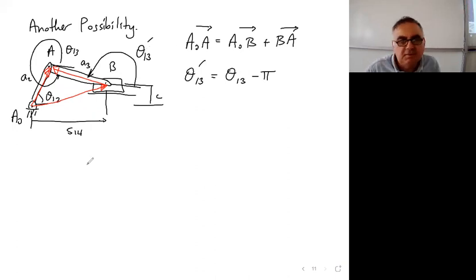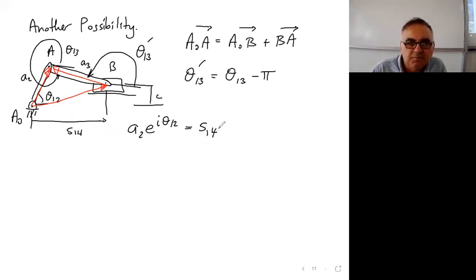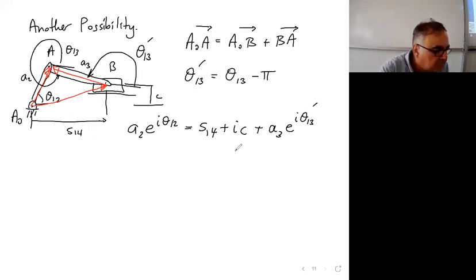So I can write the following. A2 e to the I theta 1, 2 equals A0B is S14 plus IC plus, yes, A3 e to the I theta 1, 3 prime, because BA is A3 e to the I theta 1, 3 prime, as you see here.